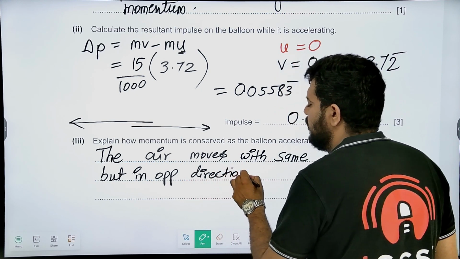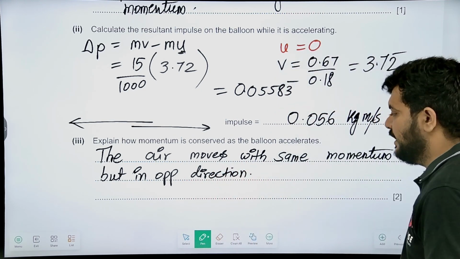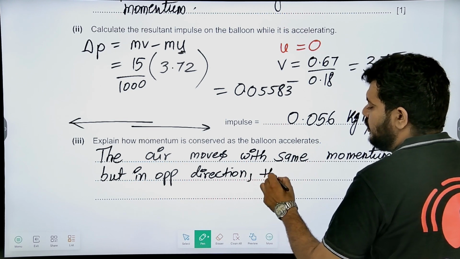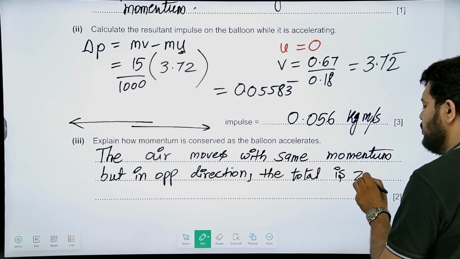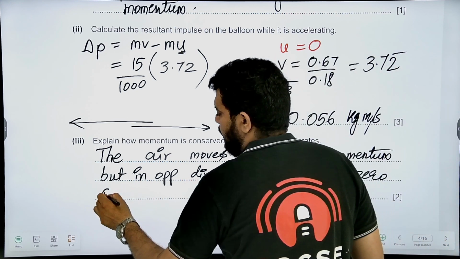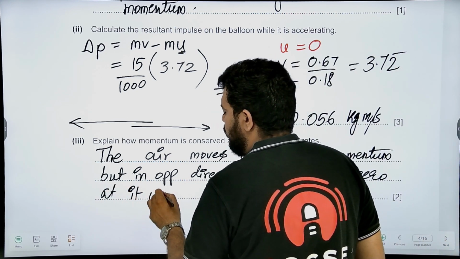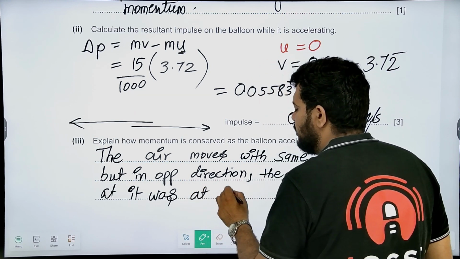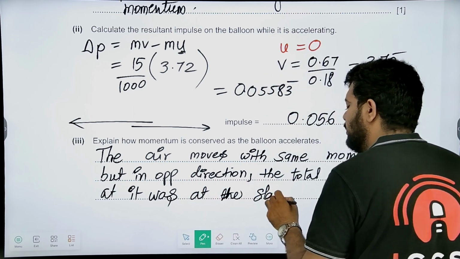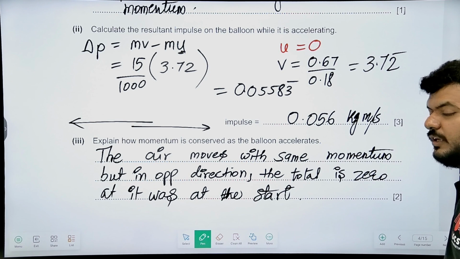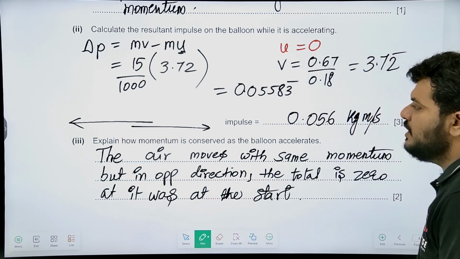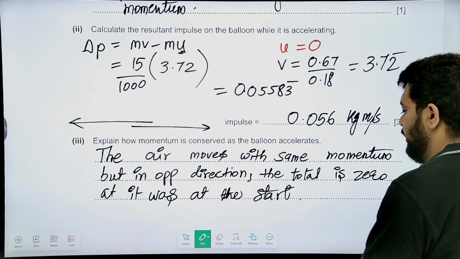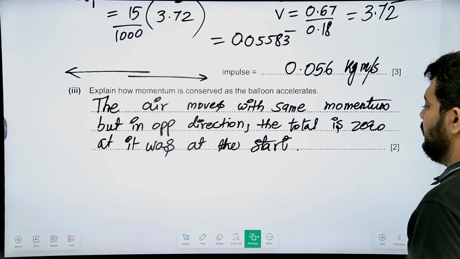Same momentum but in opposite direction. The total is 0 as it was at the start, right? We started with 0 momentum. If momentum is conserved, the total momentum finally also should be 0, and this is how it is 0, right?